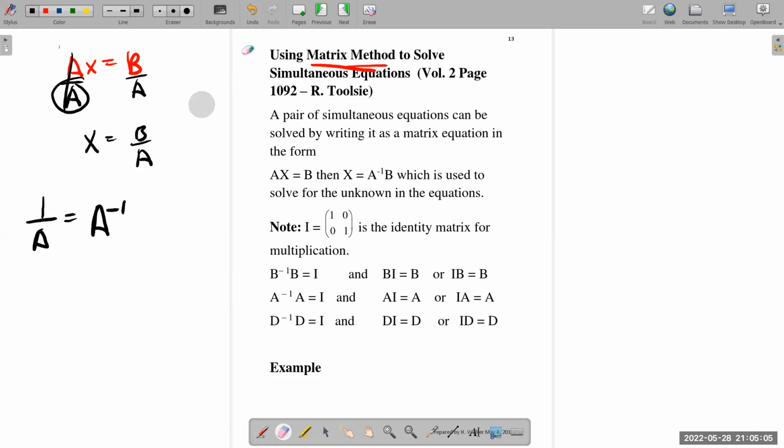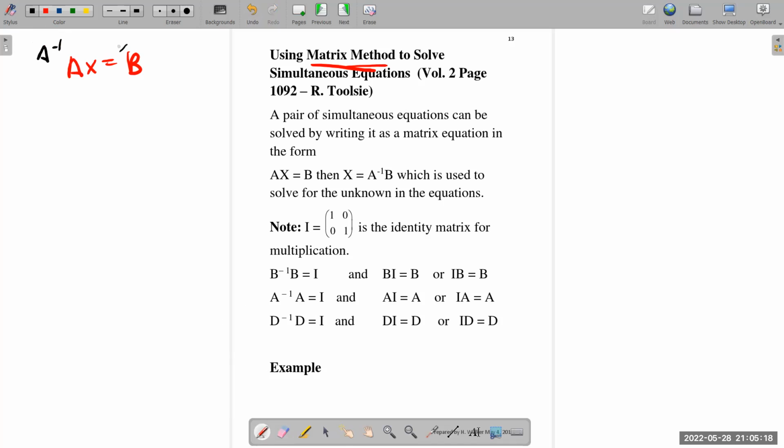So going back to the concept of eliminating A, I simply multiply both sides by the inverse of A. If I multiply over here by the inverse of A and multiply here by the inverse of A, what will I end up with? This is going to cancel. So X is equal to A inverse B. That is the concept you need to remember. Look at right here. If this is that, then X is equal to that. Everybody with me so far?